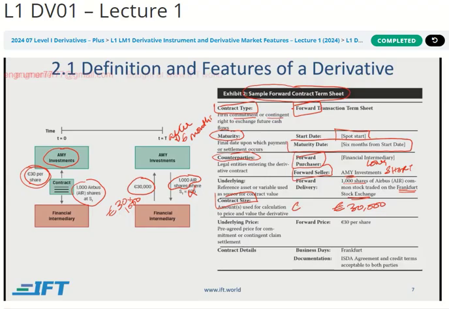Because it is 30 euros times 1,000 shares, and that is the forward price, where the underlying price is 30 euros per share. And for the contract details, business days are Frankfurt, and the documentation agreement is going to be based on the ISDA, which is the International Swaps and Derivatives Association.